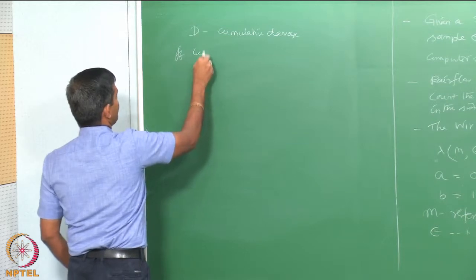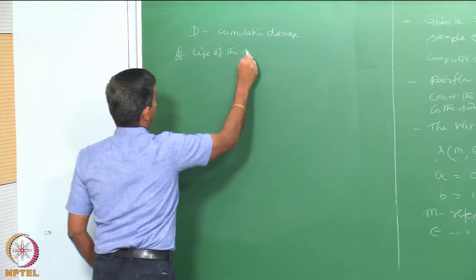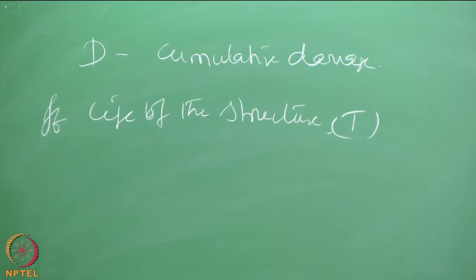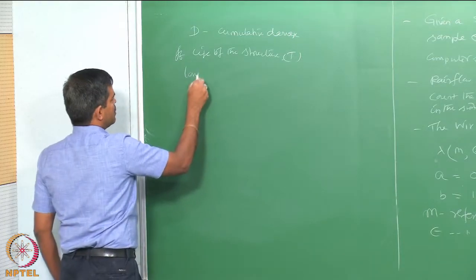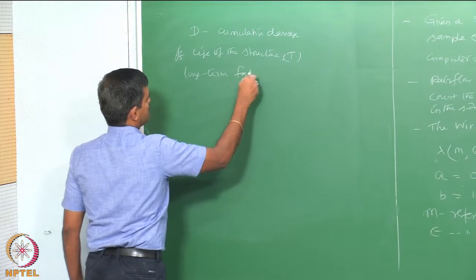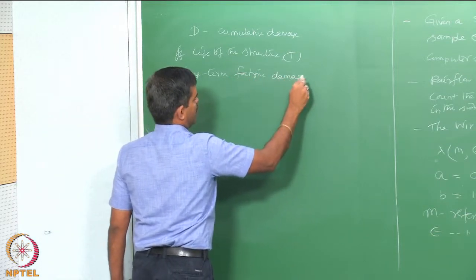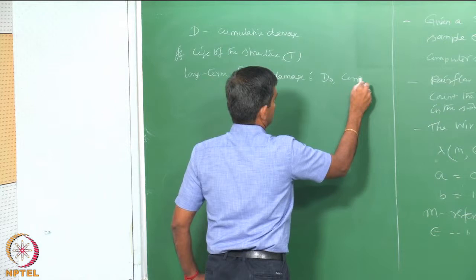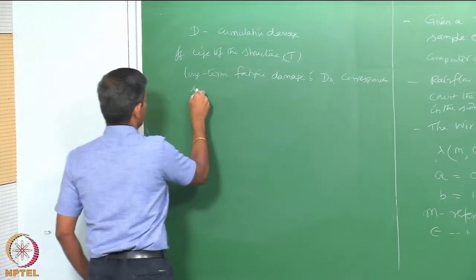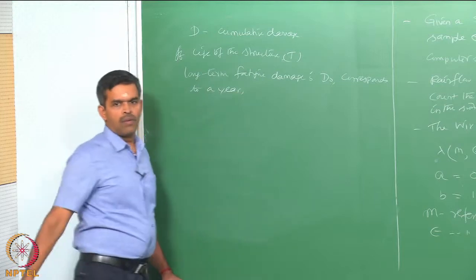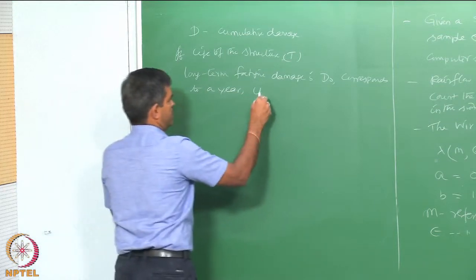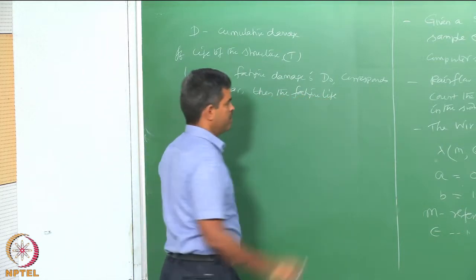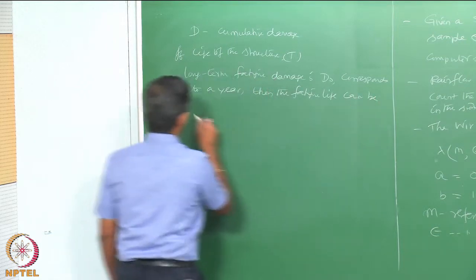If the life of the structure is T, and the long term fatigue damage estimate is D0, which corresponds to a year, then the fatigue life can be calculated, because one is interested in the safety check.